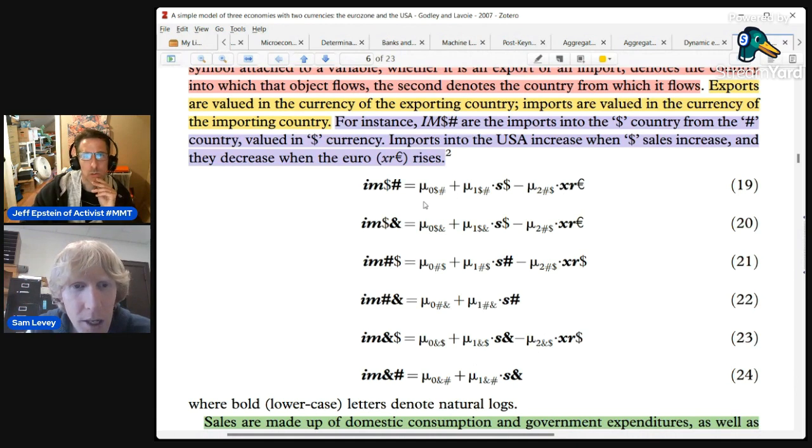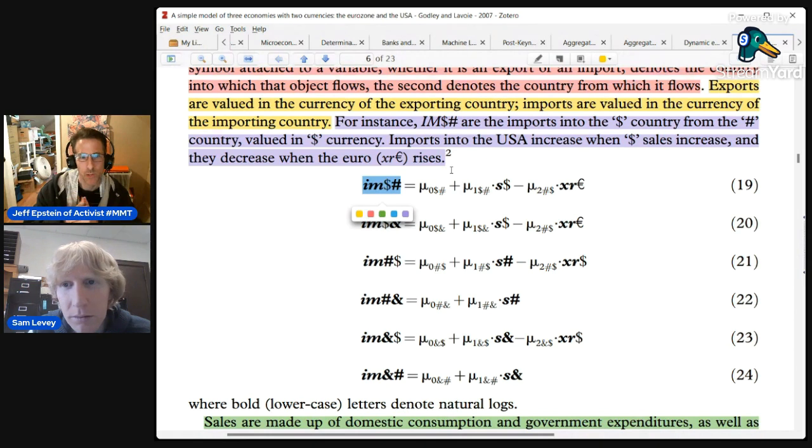Understood. And then what do they determine? So what is this? Imports of a U.S. import that comes from hashtag country. Let's see. So I think dollar, pound: the imports into the U.S. from the hashtag Euro country, valued in dollars.